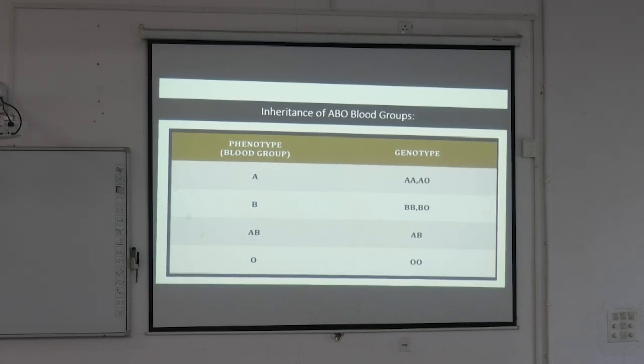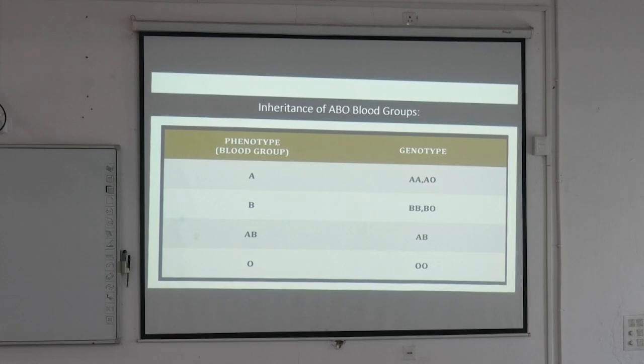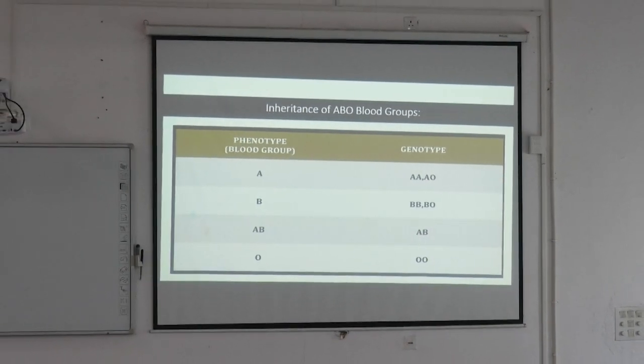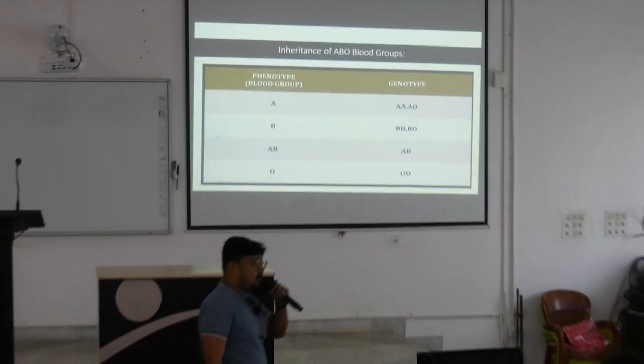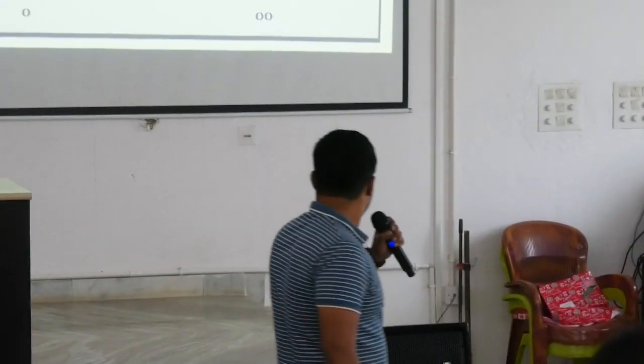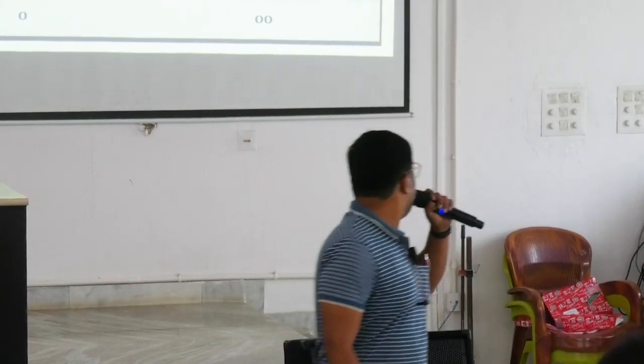So again the rule of codominance of inheritance, the genotype will be BB or BO. So if one allele of B is present, it knocks out the function of the other. AB phenotype, the genotype is AB. And O phenotype, the genotype is OO.